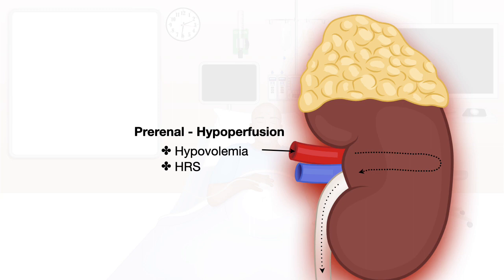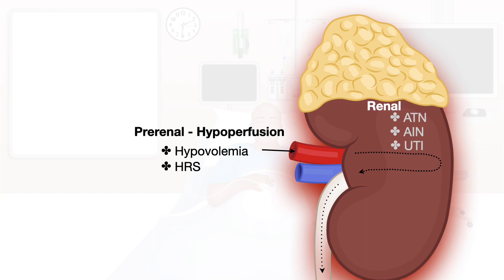So when it comes to the renal causes, in the kidney, you have glomerulus, you have tubule, you have interstitium. So keep those three things in mind. You could have a tubular injury, that is acute tubular necrosis, or you could have interstitial injury, that is acute interstitial nephritis. A typical example is drug-induced interstitial nephritis, or it could also be infection, urinary tract infection.